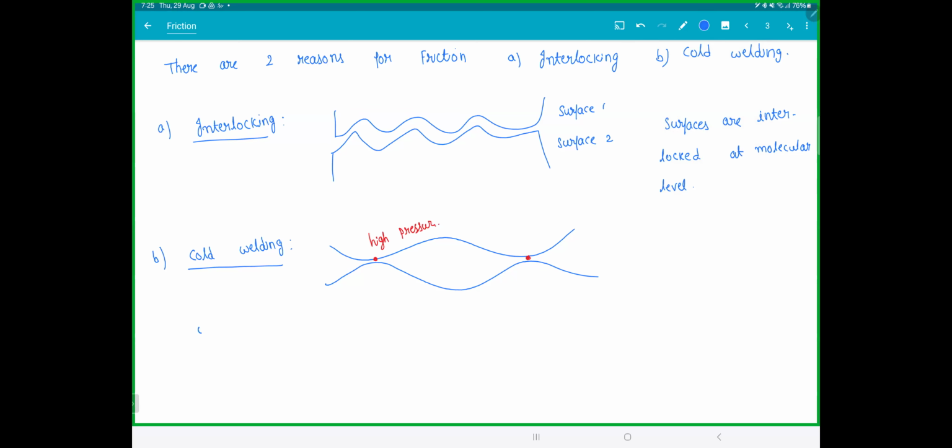So when two surfaces are in contact, roughly, again, just an approximation, roughly 1 in 10,000 points are touching each other. Means if there are 10,000 molecules, you can say one molecule is actually touching very close to the other molecule.